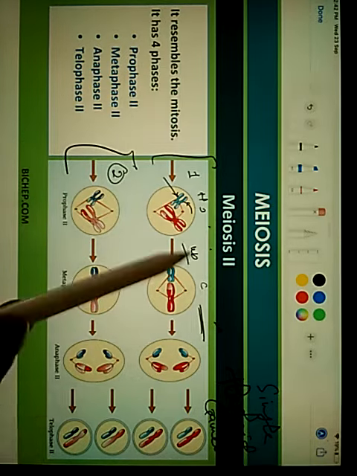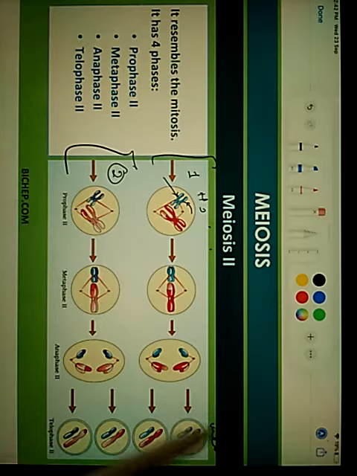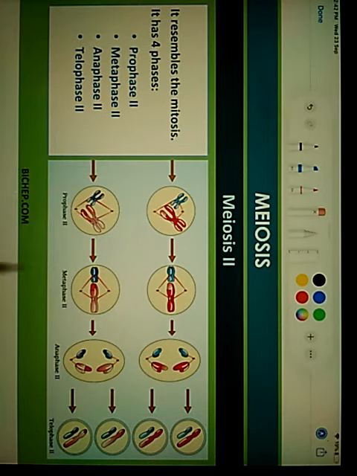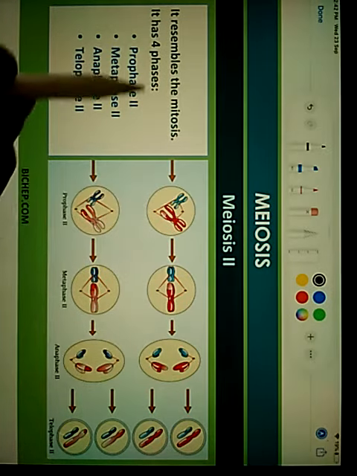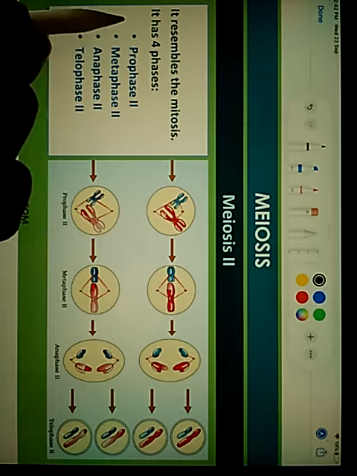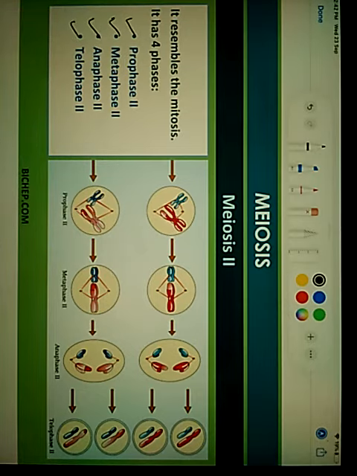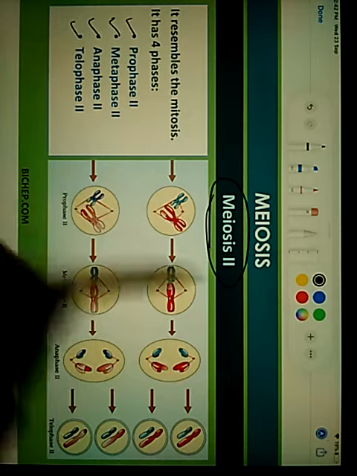So in this phase, the entire mechanism of separation of chromosomes happens in the same four phases we have seen in mitosis: prophase, metaphase, anaphase, telophase, but here it is in meiosis II.